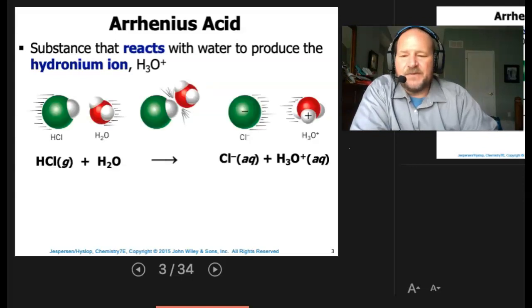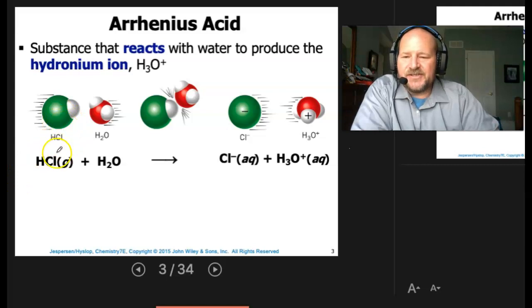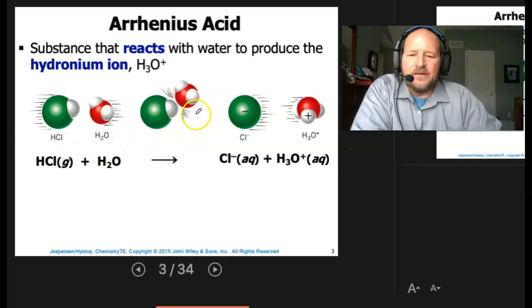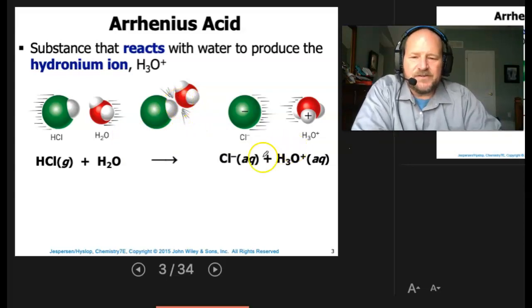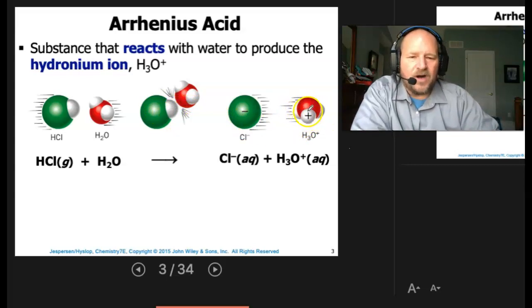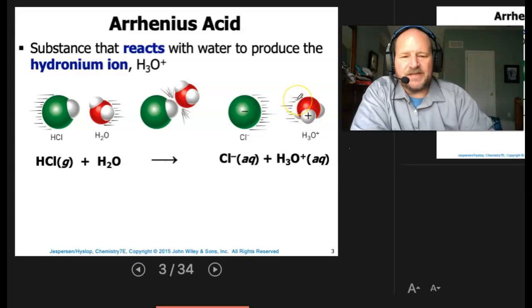And so conceptually, what's happening here is if we take an acid like HCl, it's going to dissociate, which we just saw in segment 2, and it's going to mix with water. When that happens, the water is going to accept the proton from the HCl. So now we have the Cl- as a minus charge, and now we have H3O+. So the hydrogen from the HCl has now combined with the water to make this H3O+.